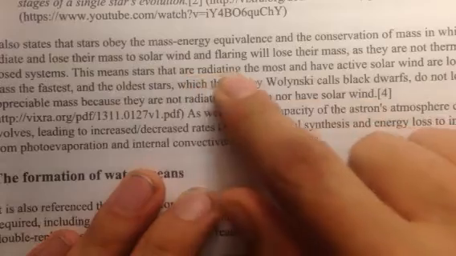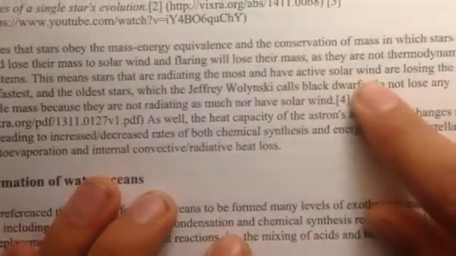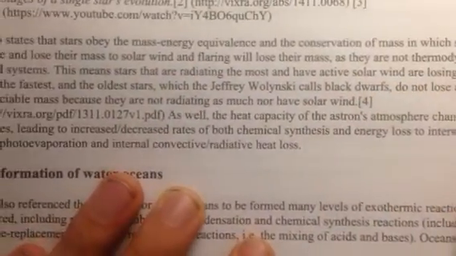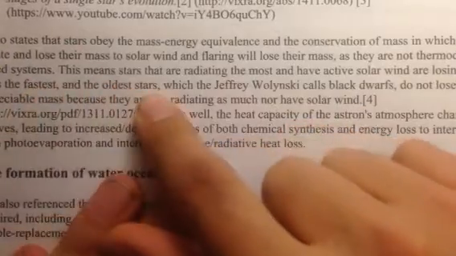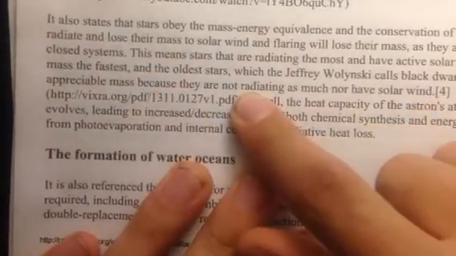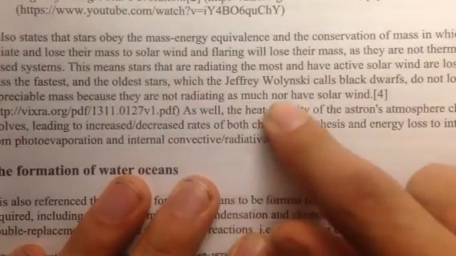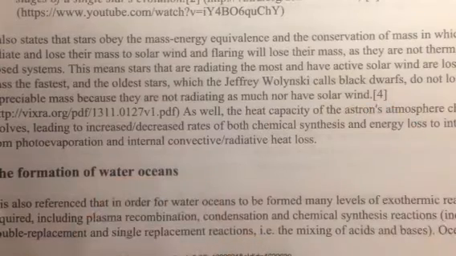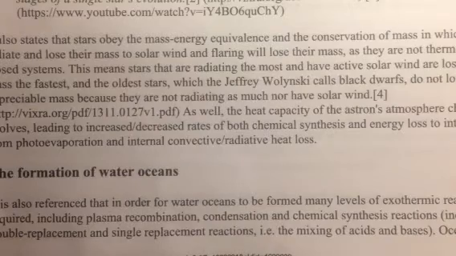This means stars that are radiating the most have active solar wind and are losing mass the fastest, and the older stars, which Jeffrey Walensky calls black dwarfs, do not lose any appreciable mass because they are not radiating as much nor have solar wind. If you see any solar wind coming out of Mercury or Venus or Mars, you let me know.